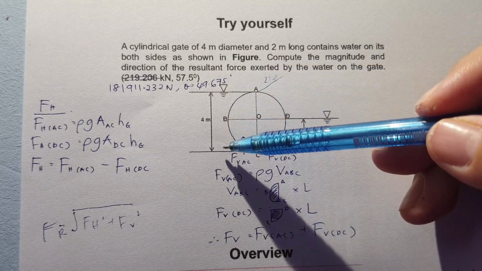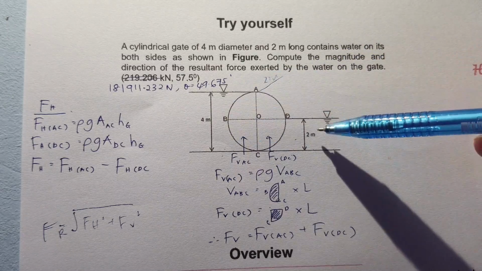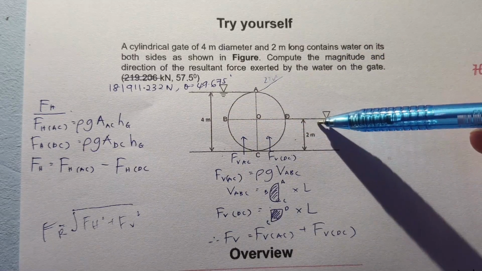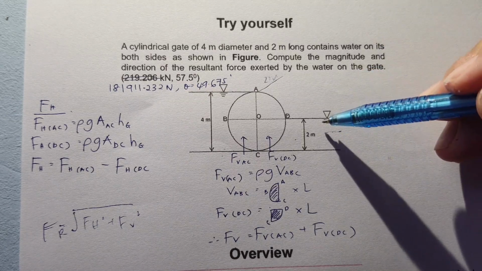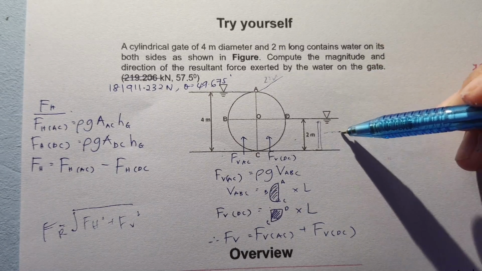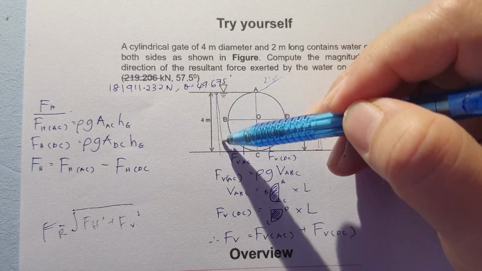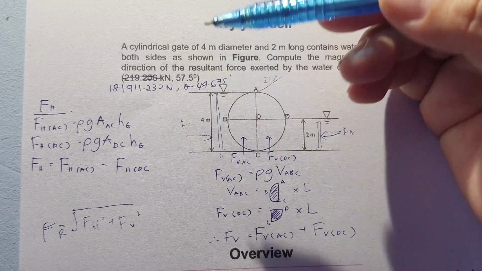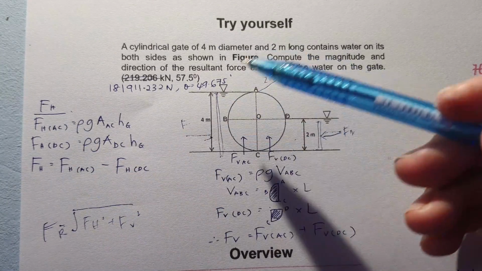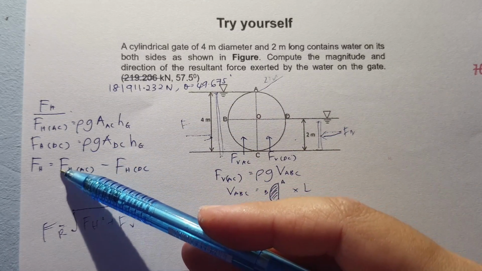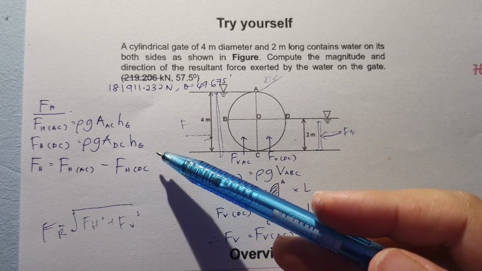Imagine the plate AC is a flat plate, and curve DC is a flat plate of height 2 meters, then calculate force in horizontal direction. So at the end, force in horizontal direction for the whole system is force in horizontal direction AC minus force in horizontal direction DC.